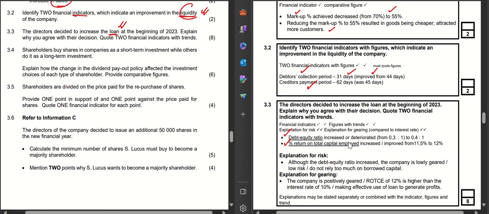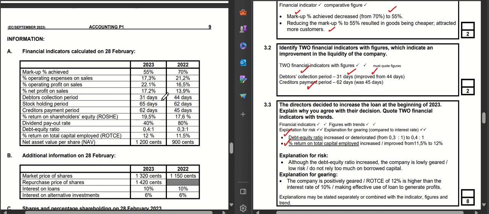Number one, debt equity. It increased or deteriorated from 0.3 to 0.4. Okay, now you can see that if you look at the debt equity, it was 0.3, now it's 0.4. Hence, they are saying it has deteriorated. When the debt equity ratio increases, it is not a good thing.